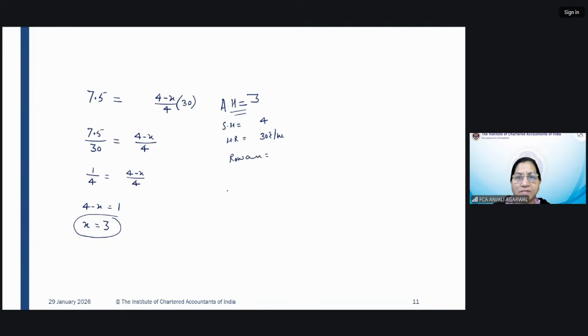So how will we calculate his wages? 3 into 30 plus time saved is 1 hour. 1 on 4, that means 25% of 3 into 30. 90 plus 1 by 4 of 90. 90 plus 22.5, 112.5 is what he earns as total wages in 3 hours.